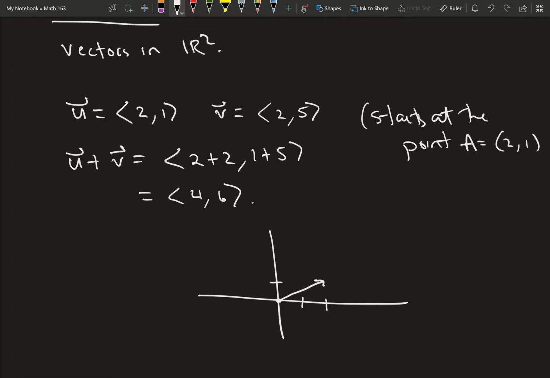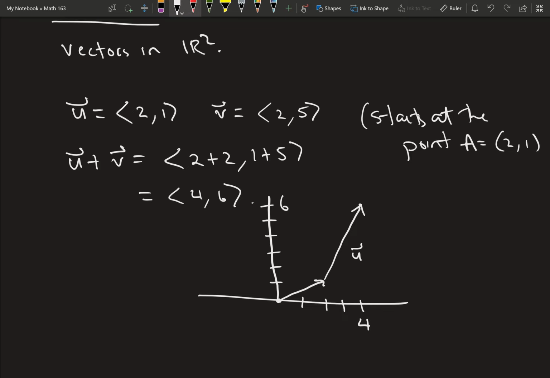So from (2, 1), which is the tip of the U vector, we go 2 units to the right, and then 5 units up: 1, 2, 3, 4, and 5. So this gets you up to the 6 mark here, and you're going to start here and end at this point (4, 6).